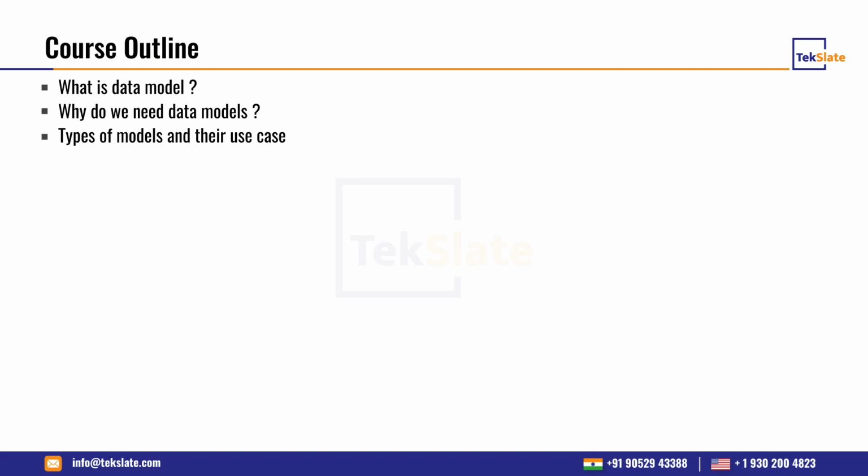Like any other design process, design is a common concept for any engineering activity. If you are a civil engineer, you will be designing the architecture. If you are a chemical engineer, you will need a design for your setup, your experiment, or the chemical compositions you are going to make. So design is a common term needed for any engineering activity, and the same goes for our information system design. There will be some standards.